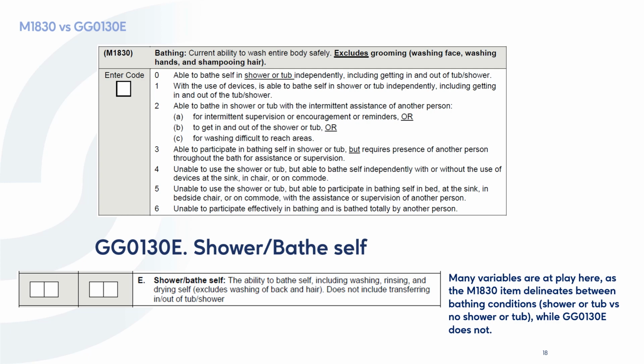All it wants to know is, whenever you've planted yourself down, whatever condition you are in, a tub, a shower, sitting in the bed, sitting on the commode next to the sink, they don't care. They just want to know, once you sit yourself down, how are you doing with showering and bathing yourself? That's all they care about. So this is really not an apples to apples comparison here.